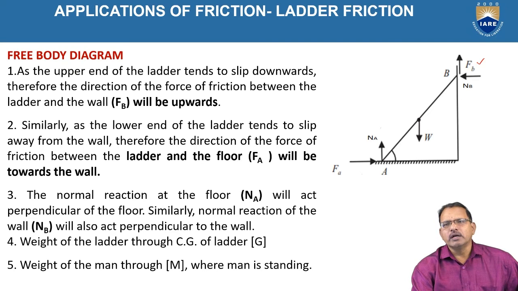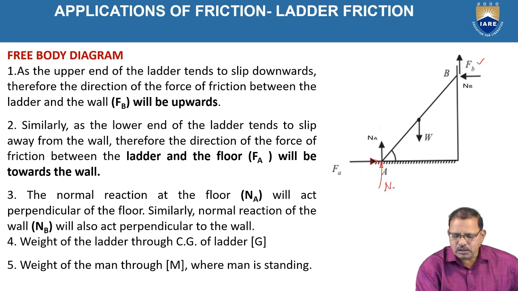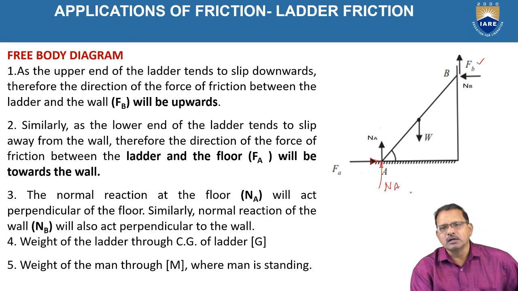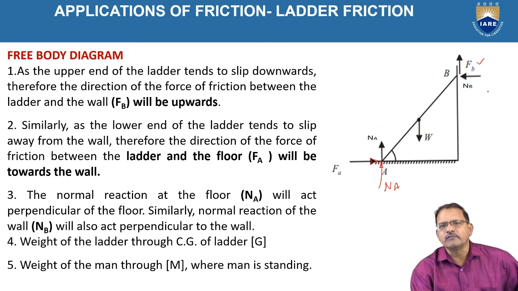Similarly, as the lower end A of the ladder tends to slip away from the wall, the direction of the force of friction between the ladder and the floor, FA, will be toward the wall, toward the right side according to this figure. The normal reaction at the floor, NA, is perpendicular to the ground, and NB is perpendicular to the wall, as shown in the figure.